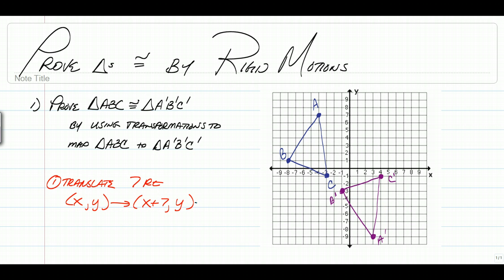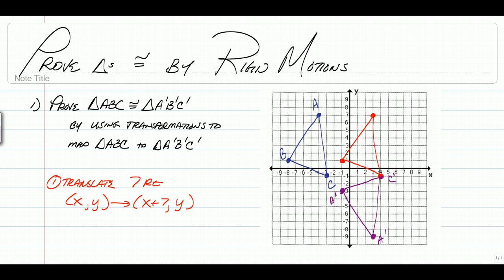So that's what we're going to do, and you actually want to draw it. So we're just going to move that 7 to the right, move this guy 7 to the right, and this guy 7 to the right. Okay, so that's the first step.